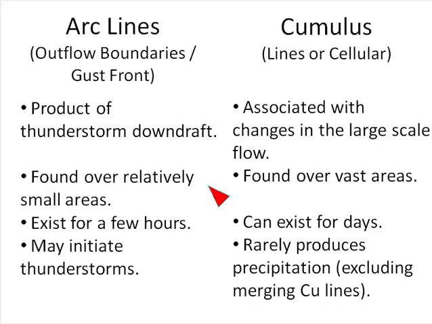Arc lines are found over relatively small areas, whereas cumulus lines are found over vast areas. Arc lines exist for a few hours, whereas cumulus lines can exist for days. Arc lines may initiate thunderstorms, whereas cumulus lines rarely produce precipitation, the exception being merging cumulus lines.